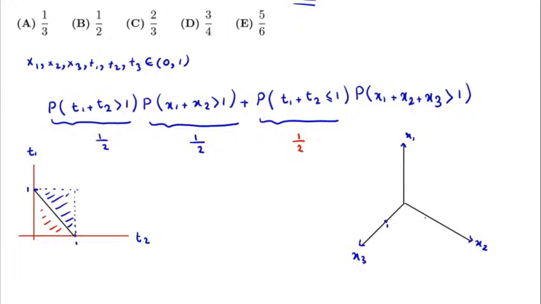Should consider 1 here, 1 here, 1 here. If I want to draw, it will be this part, for example, this part, and all of them will be 1.